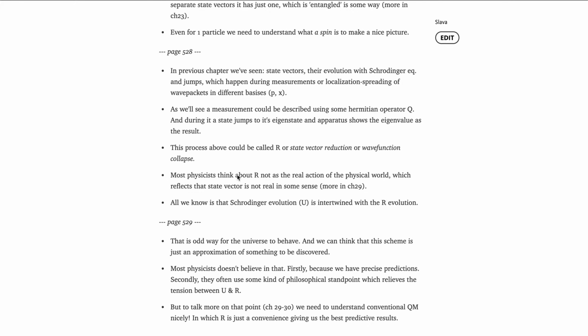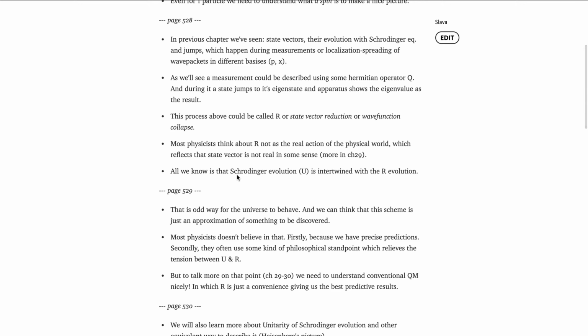That process is called R, which stands for state vector reduction or wave function collapse. Most physicists think that R is not a real action of the physical world, which reflects that the state vector is not real in some sense, and there will be more about that in chapter 29.